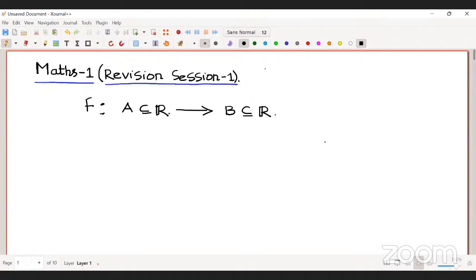So when I'm saying F is a map from A to B, that automatically implies that A is the domain of the function and B is the codomain of the function.